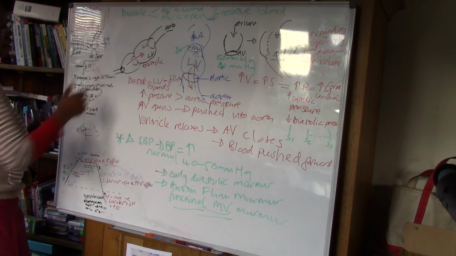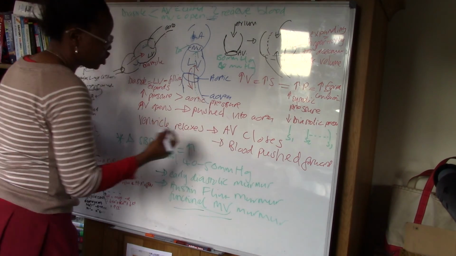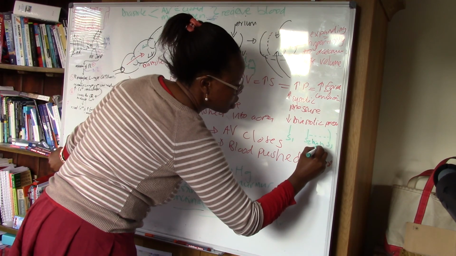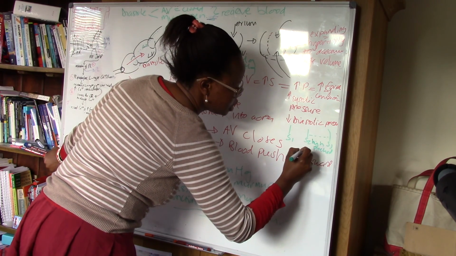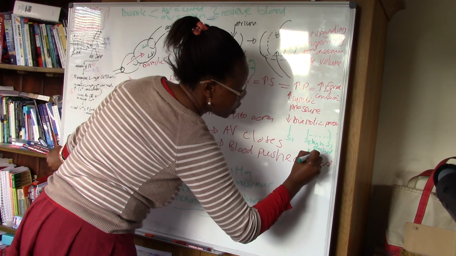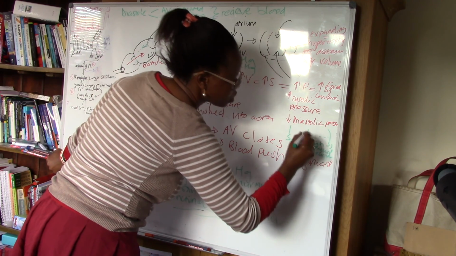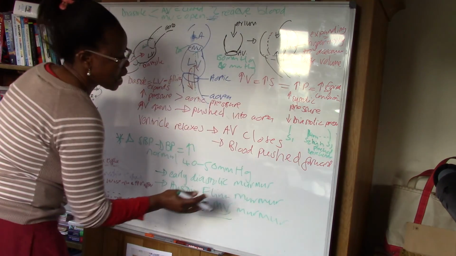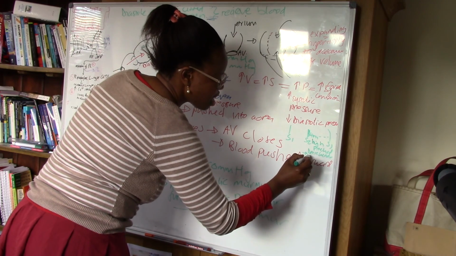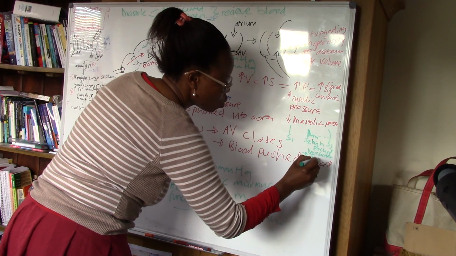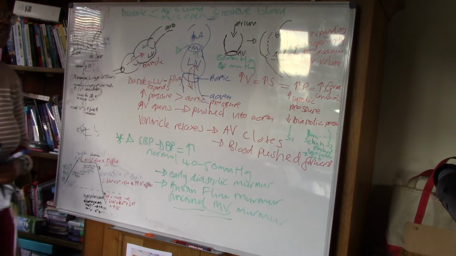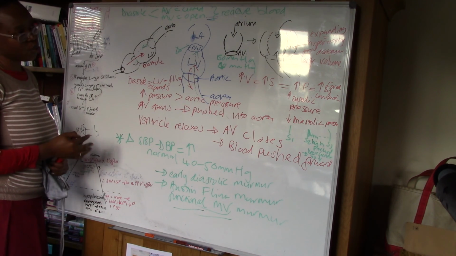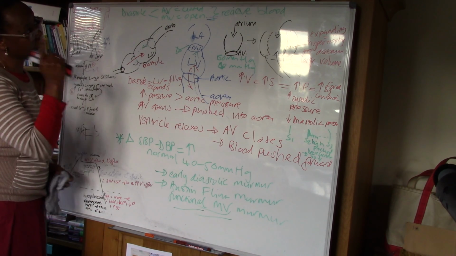The aortic valve murmur is high-pitched and decrescendo, so it starts really loud, and sometimes it will cancel out S2, so S2 will be reduced or even cancelled out. And so those are the clinical signs that we will find in aortic regurgitation.